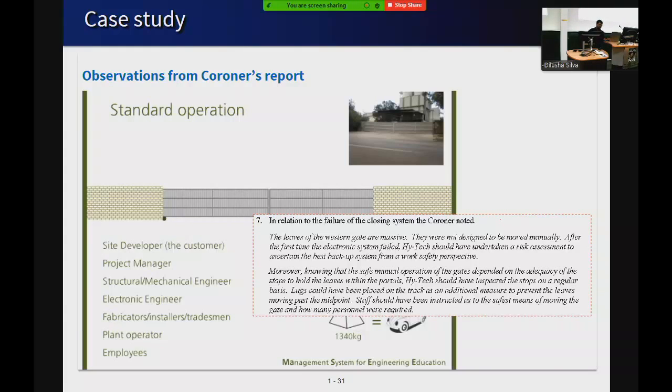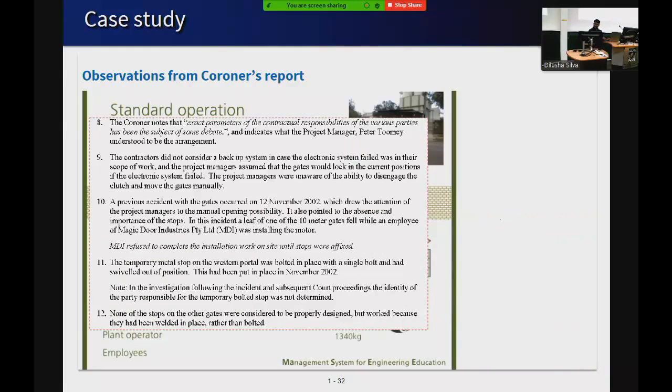Now the investigation following the incident and subsequent court proceedings, the identity of the party responsible for the temporary bolted stop was not determined. So they don't know who actually put those temporary bolt stops in place. Again, he did, she did.